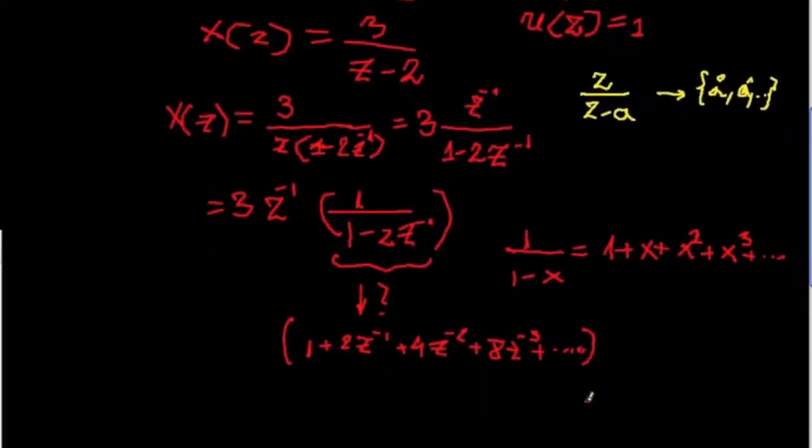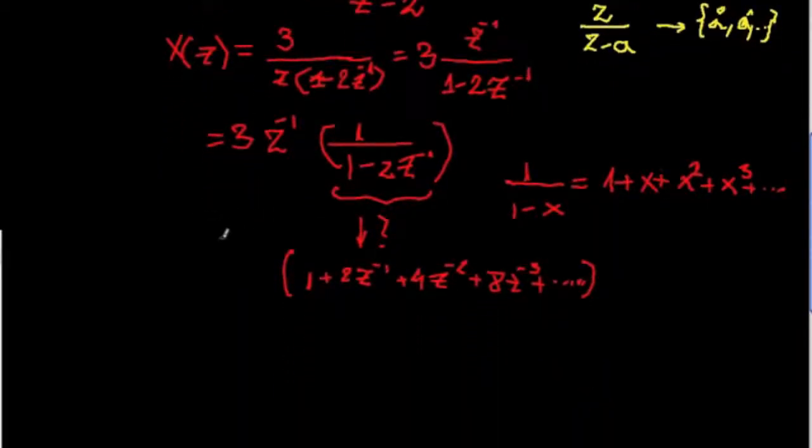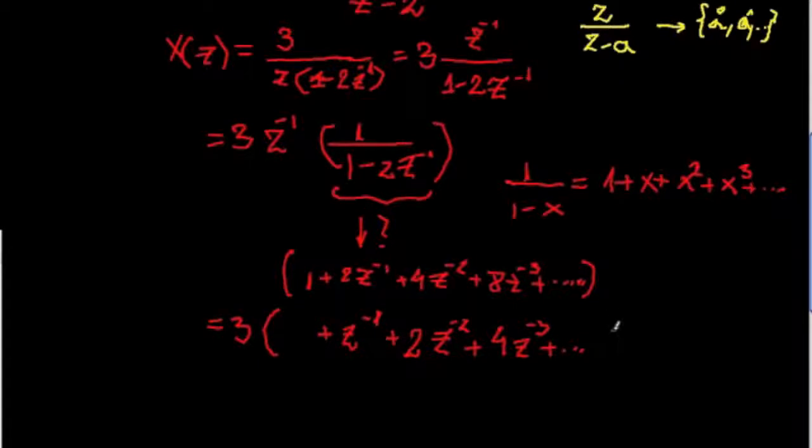So we obtain the following: 3 z minus 1, when we multiply all of these, will become z minus 1 plus 2 z minus 2 plus 4 z minus 3 plus, and so on.